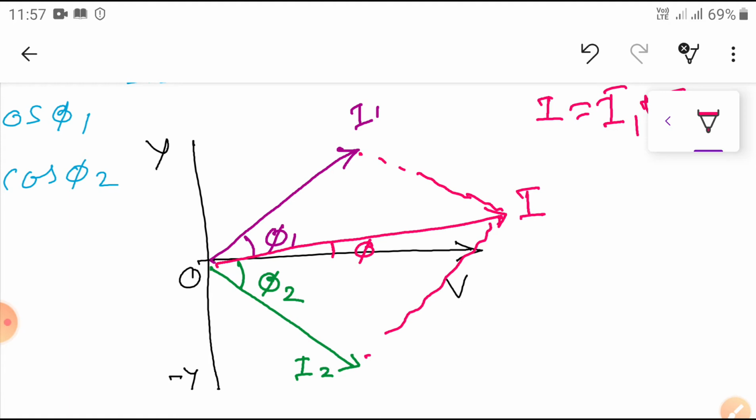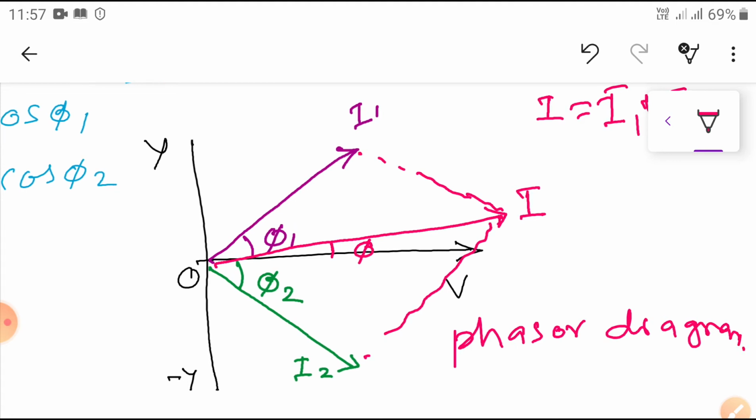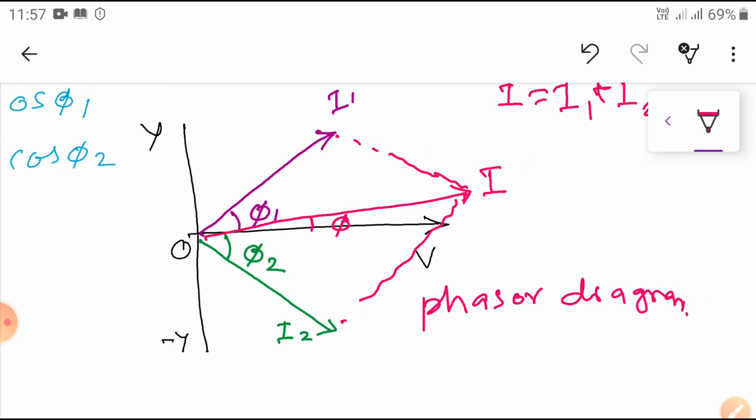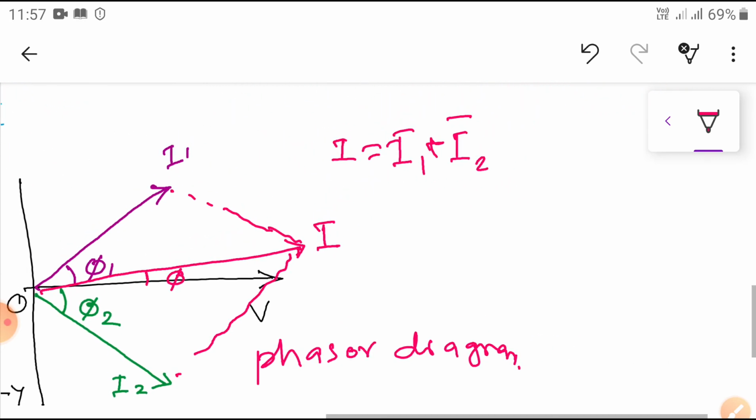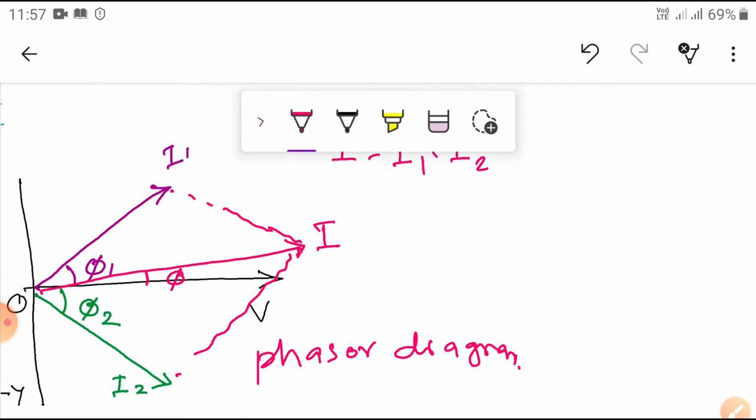In step 2, based on the step 1 currents and their angles, draw the phasor diagram. This is known as a phasor diagram, step 2. After that, step 3, dear students.